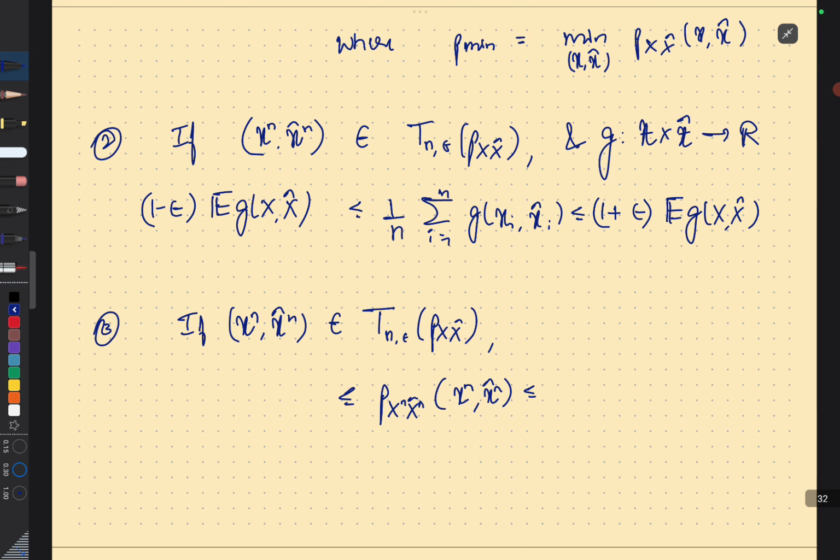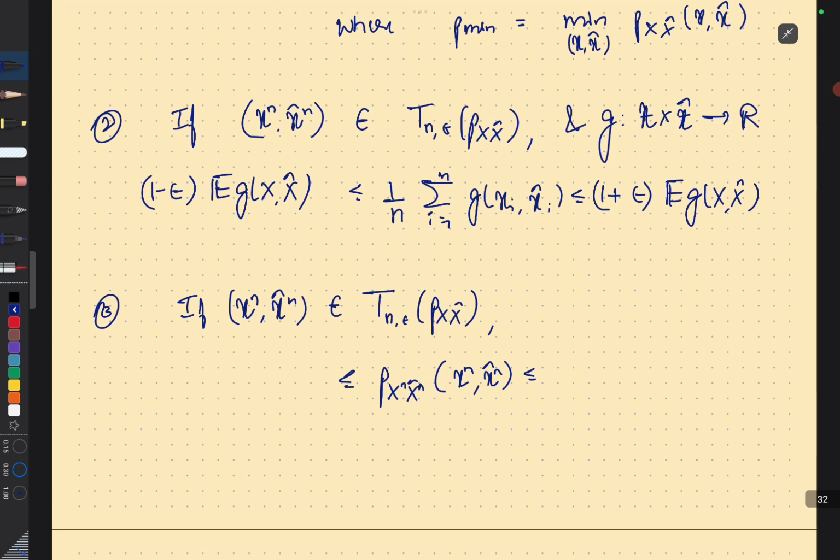Correct. So it should be roughly 2 to the minus n times the joint entropy of x and x hat.